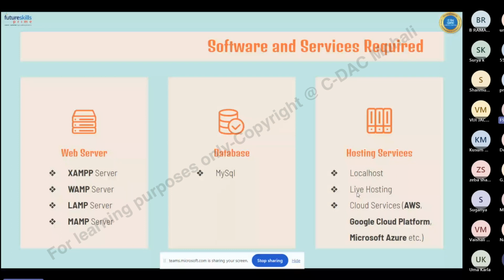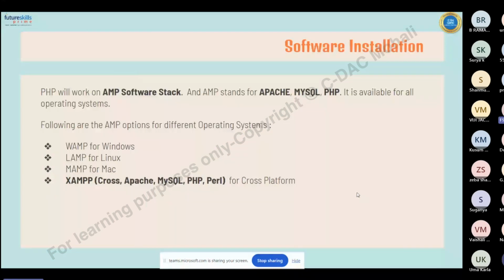You can also host your website, either a traditional website or a CMS type of website, on AWS, Amazon Web Services, a cloud platform by Google, and Microsoft Azure. So these are the hosting services. This is the basic software stack that I have discussed, like XAMPP: cross platform, Apache, MySQL, PHP, and Perl.